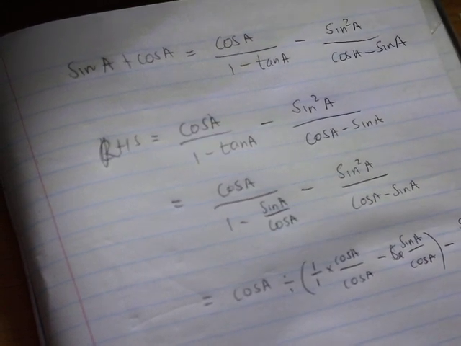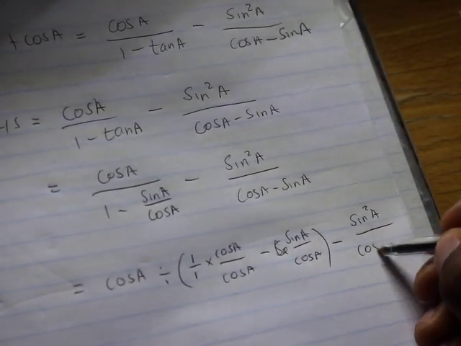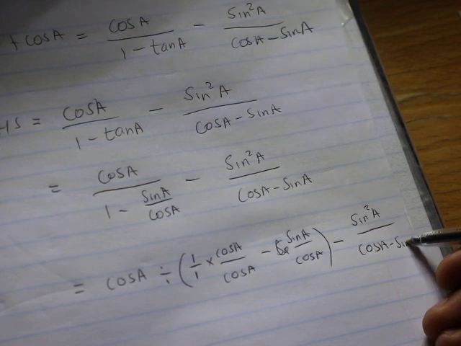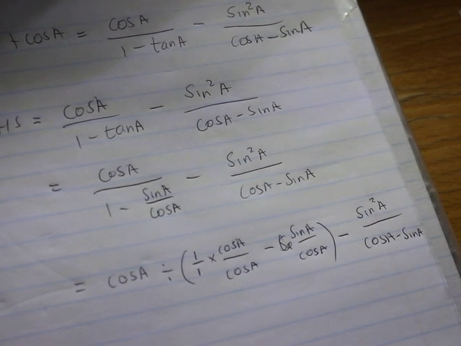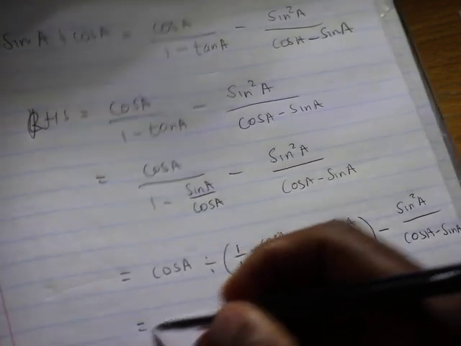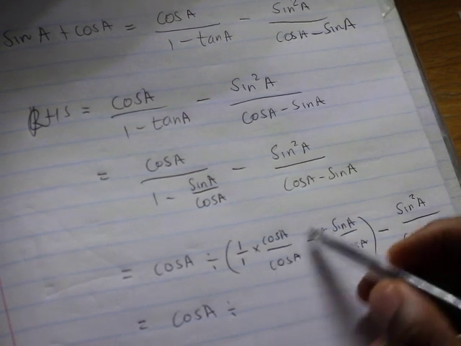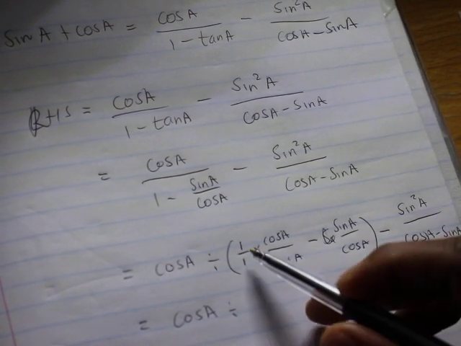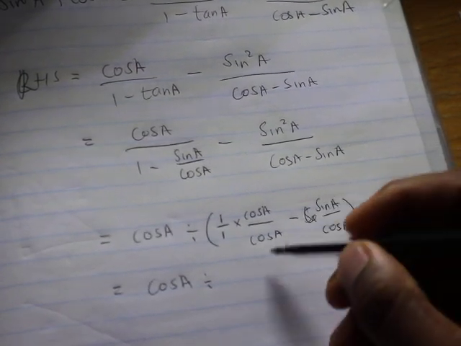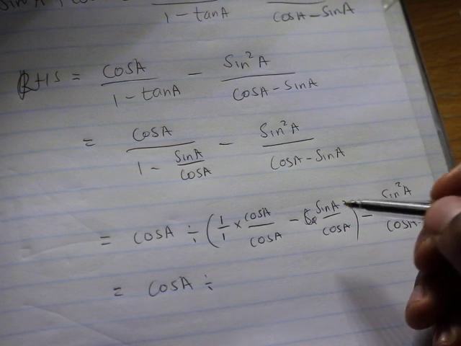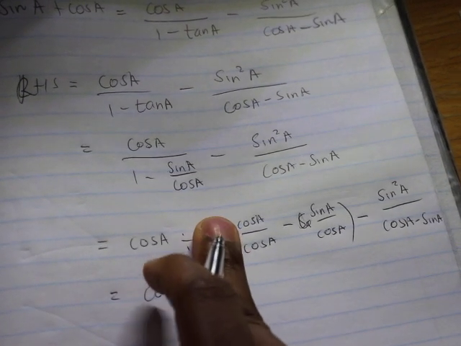So the sine squared A divided by cosine of A minus the sine of A. So look, now we still got the cosine of A divided by, so here now, 1 times cosine of A, that's just cosine of A. So basically we just have cosine of A over cosine of A. That's what we have.